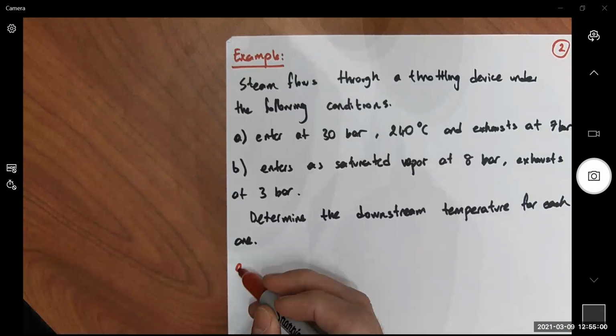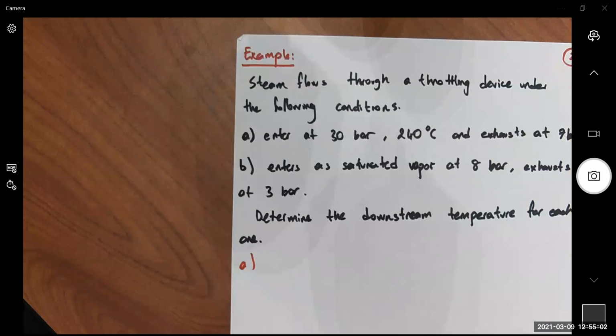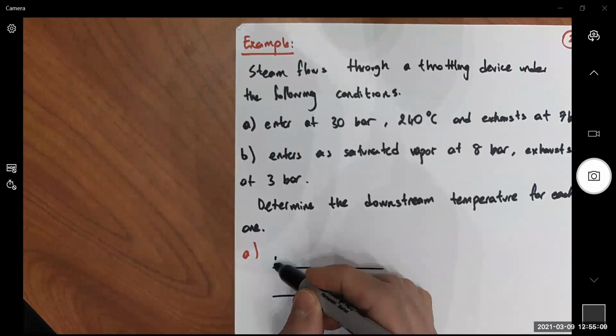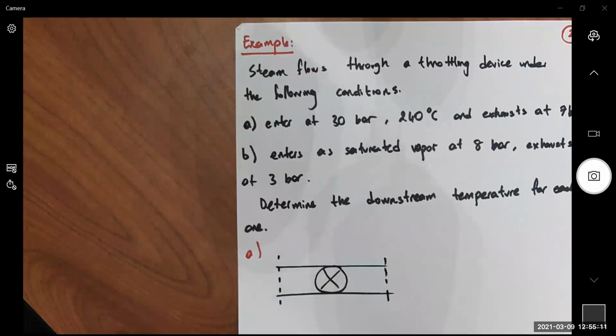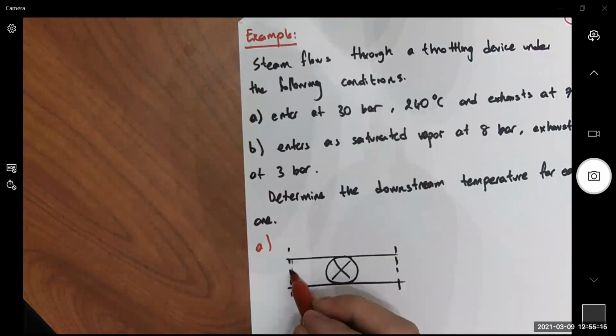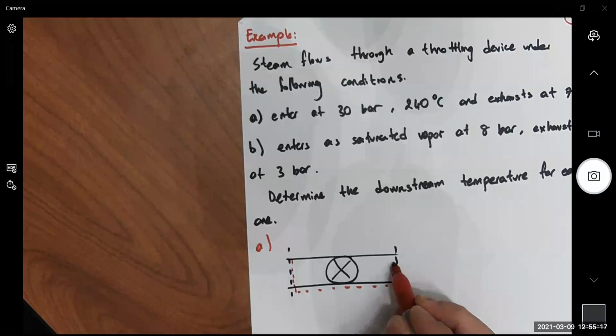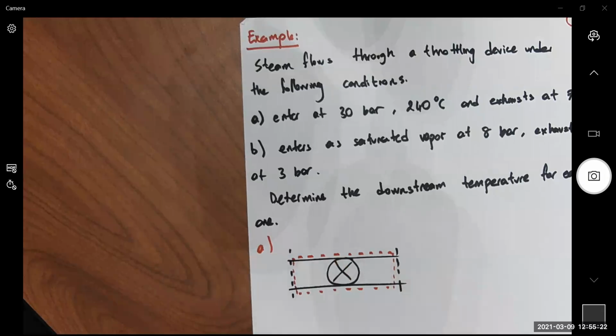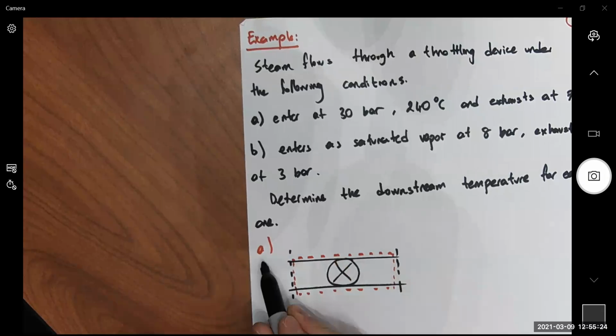A is for the throttle. One inlet, one outlet. For the first case, the inlet pressure is 30 bar, temperature is 240 Celsius.